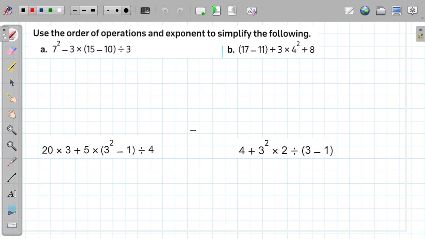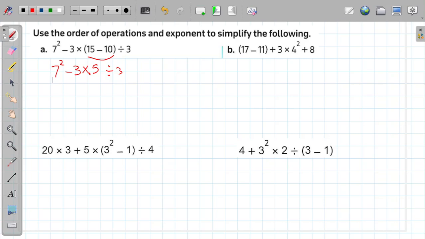The first one here is 7 to the power of 2 minus 3 times parentheses 15 minus 10, and outside we have divide 3. First, we do what's inside parentheses. So I have here 7 to the power of 2 minus 3 times 15 minus 10 equals 5, and all of this divide 3.